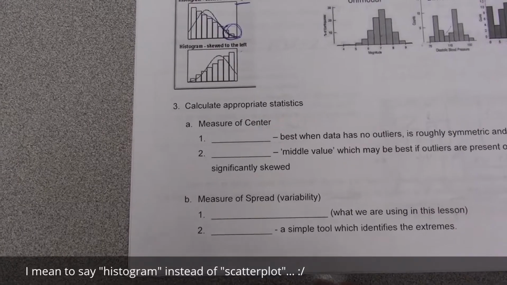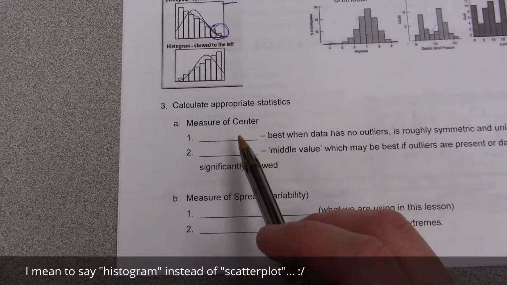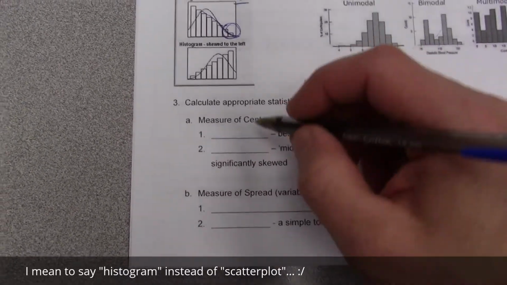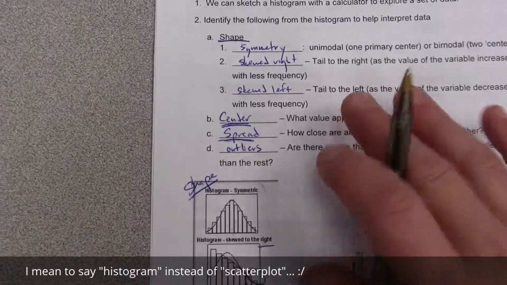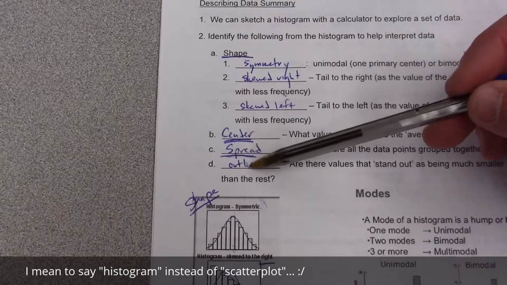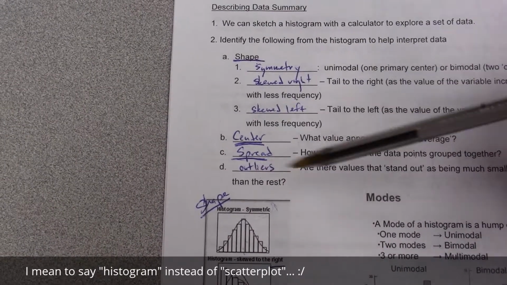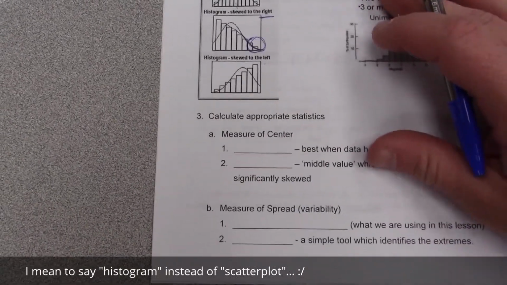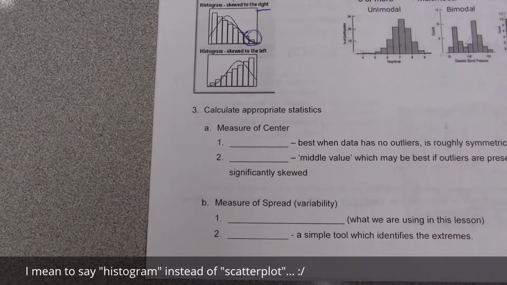When we are calculating statistics, there are two different measures of center, right? So we talked up here about some ways to describe histograms: the shape, center, spread, and outliers. But when we're talking about the center, there's more than one way to measure it.